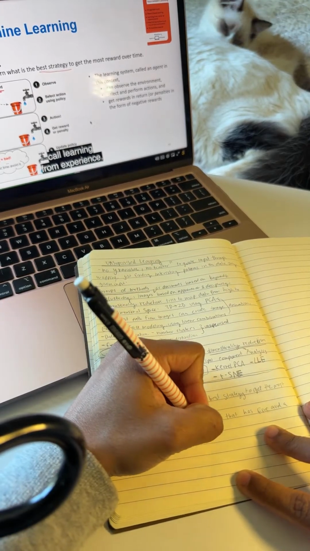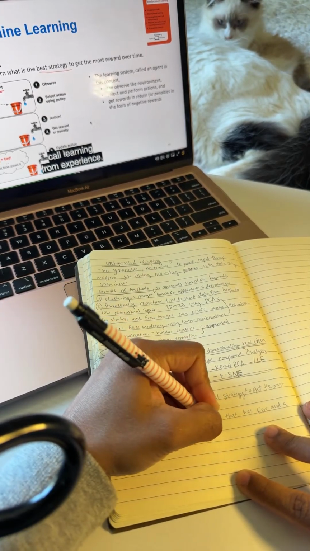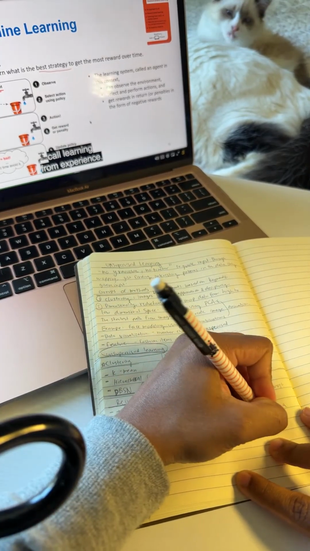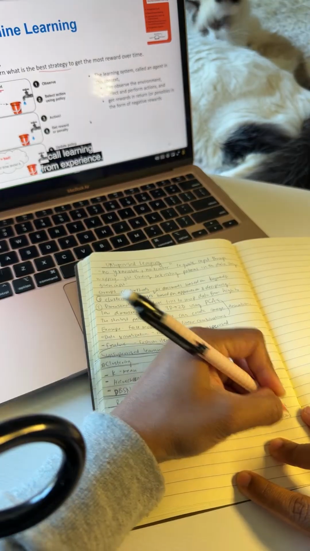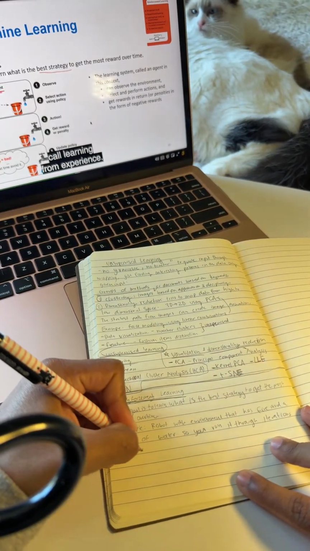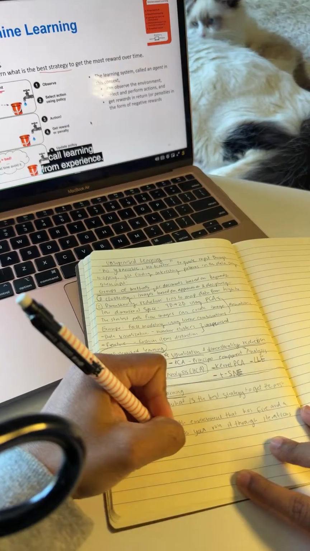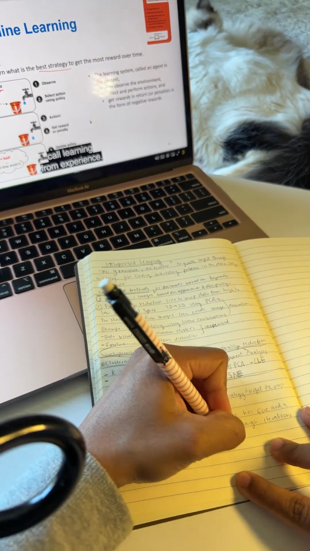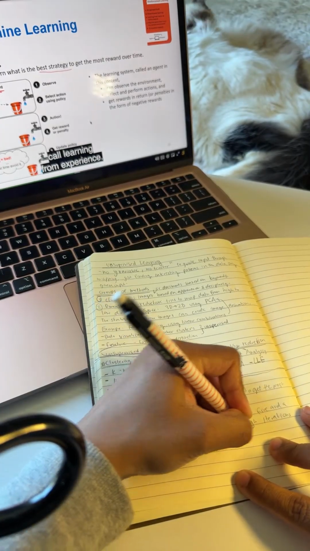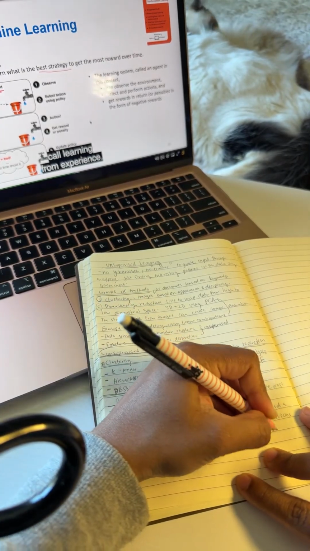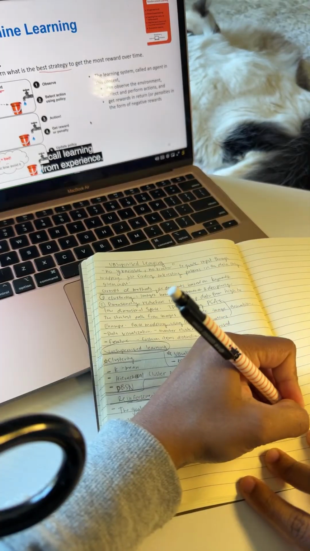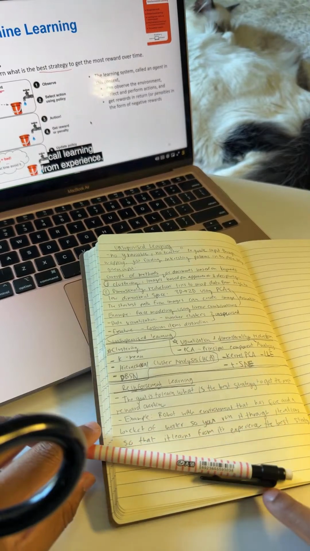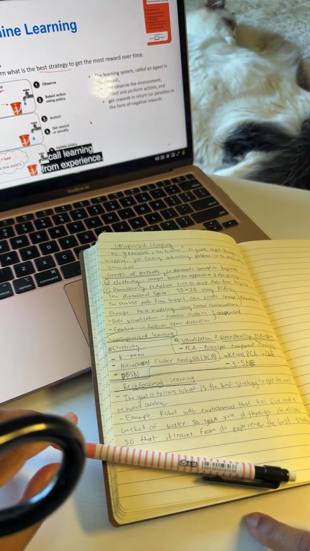So you run it through iterations so that it learns from its own experience the best strategy in that environment.